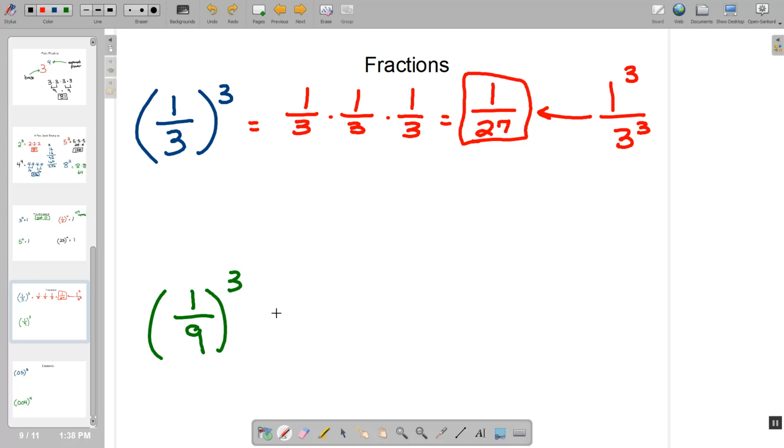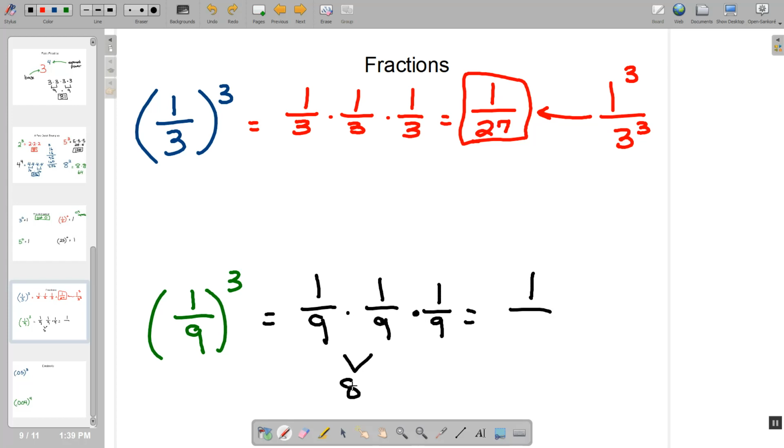For the problem on the bottom, we're doing 1/9 times 1/9 times 1/9 again. 1 times 1 times 1 is 1. 9 times 9 is 81. 81 times 9, I can't do in my head, so let's write that one on the side.